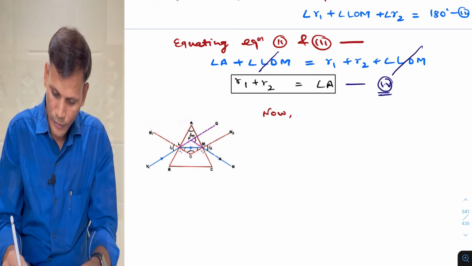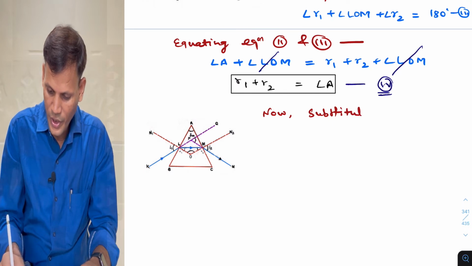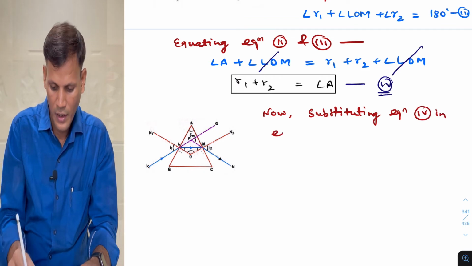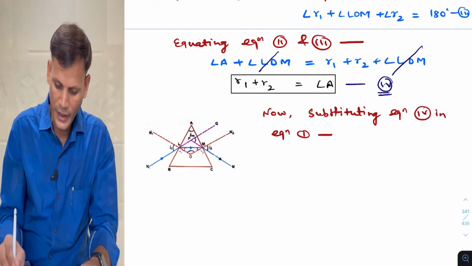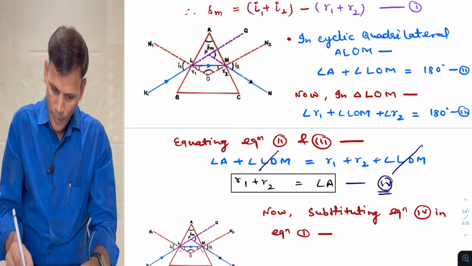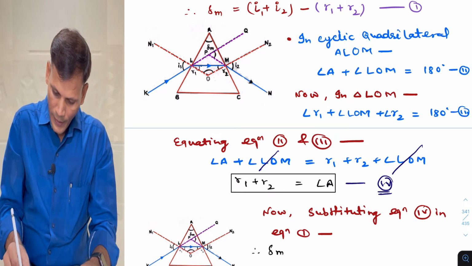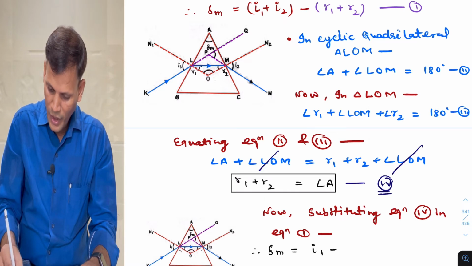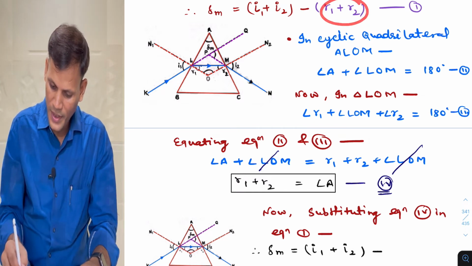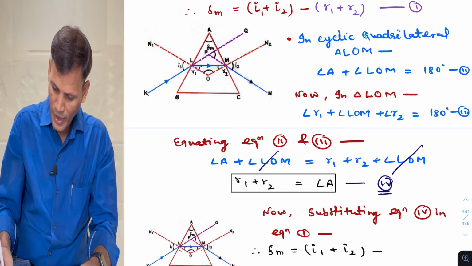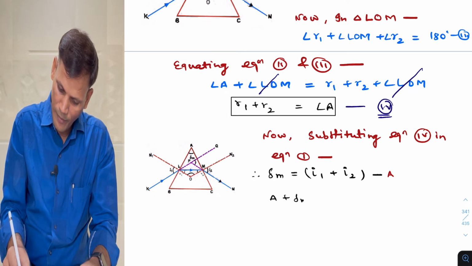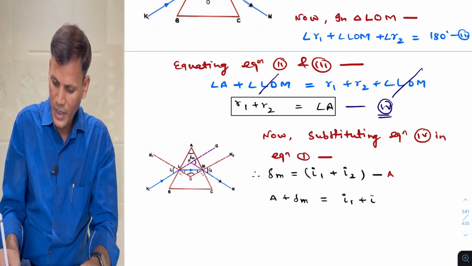Substituting equation 4 in equation 1, we can write delta M is equal to I1 plus I2 minus, what is the bracket part, R1 plus R2, that is A. So minus angle A. Now further we can write A plus delta M is equal to I1 plus I2.